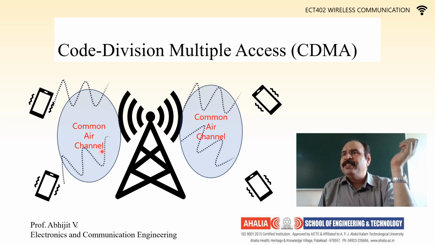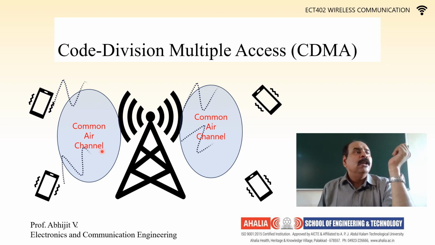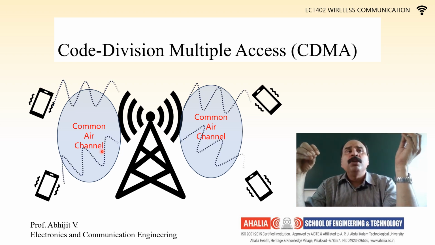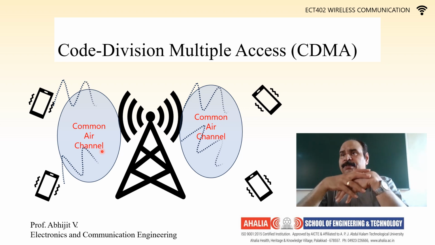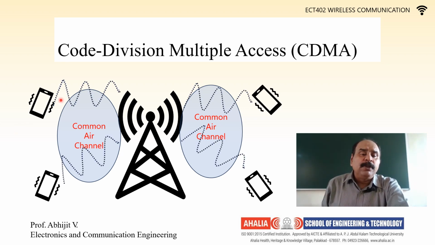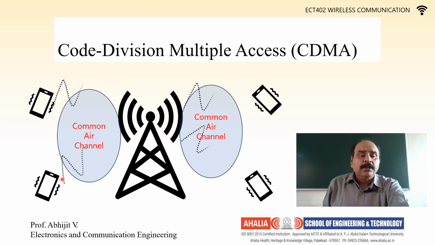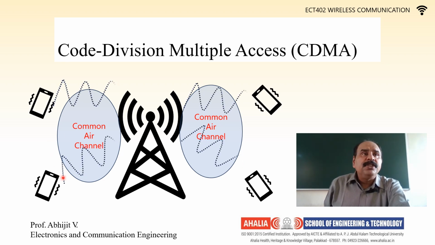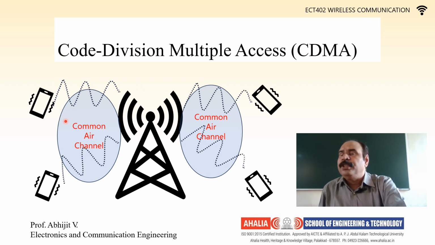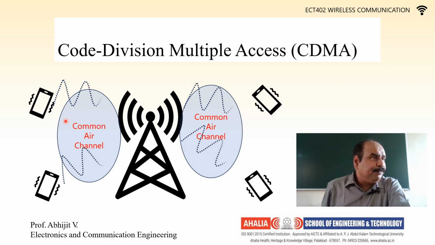So this led to the advent of multi-user systems, which gradually came to be known as multi-access systems. In the previous two classes we have seen that one user has one particular frequency, and the other user generates a signal to be transmitted in a different frequency so that both can use the same channel.